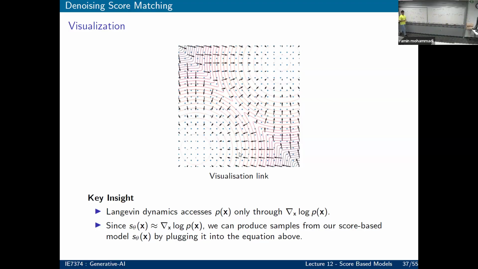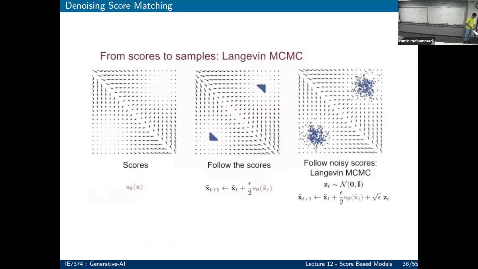Because gradually, based on the arrows, which tell you the gradient vector field, which direction to change the data, you remove noise from the data until you get to a value that has a higher density.